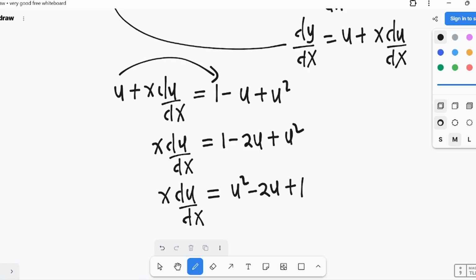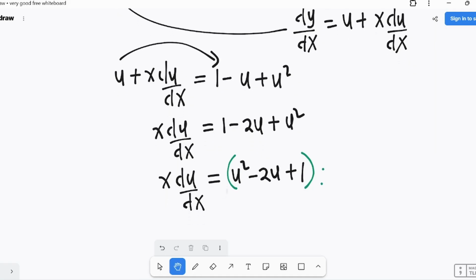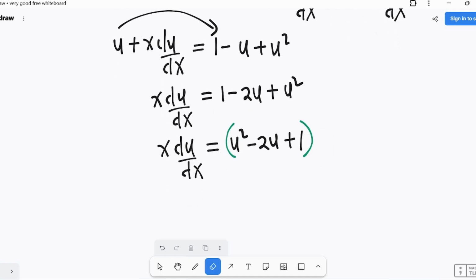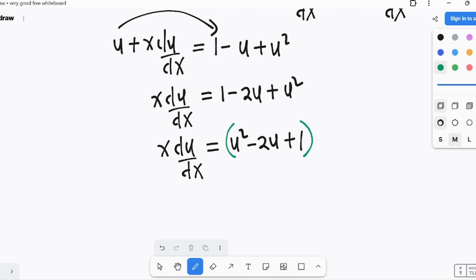Now if you analyze this, it can be factorized. We can say that u square minus 2u plus 1 is actually, doing factorization, u minus 1 square.